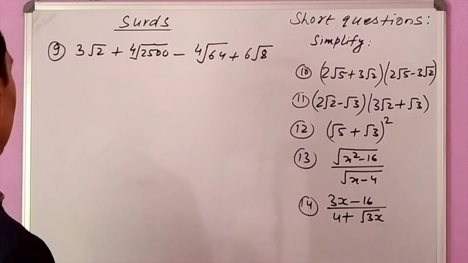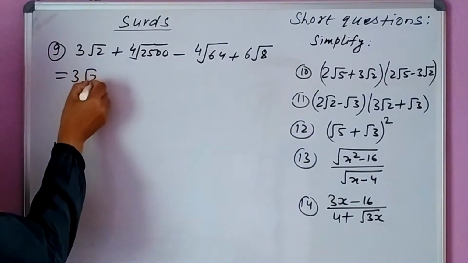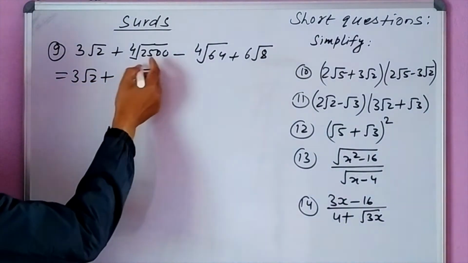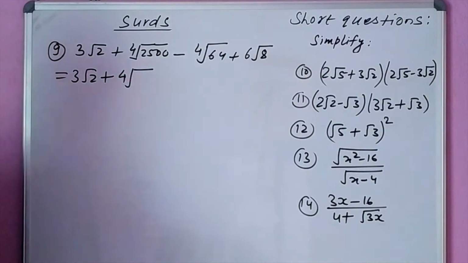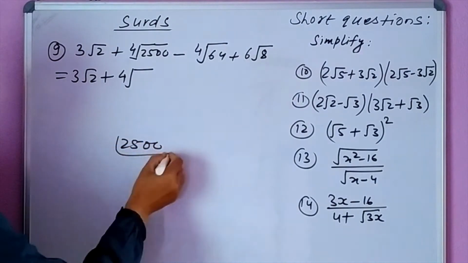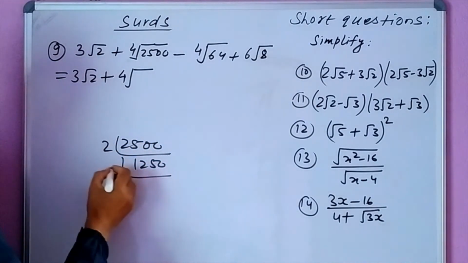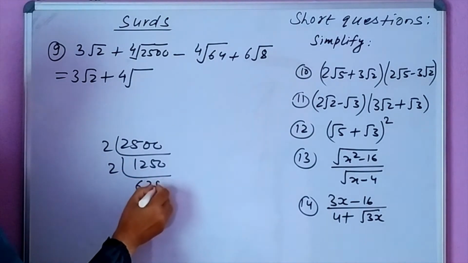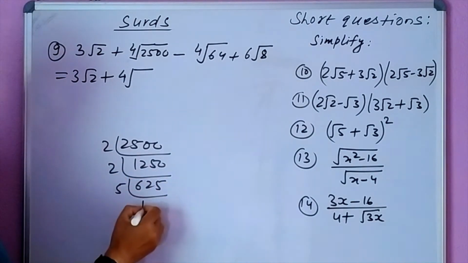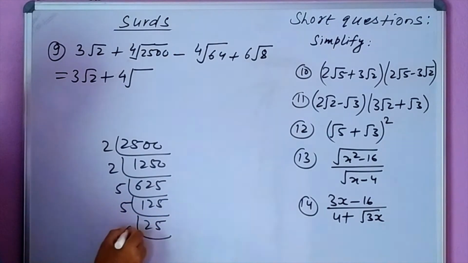How do we simplify it? Look here. 3 is square root of 2, it is the surd of order 4. Now this 2500, if you factorize it to 1250, to 625, 125, 25, 5.